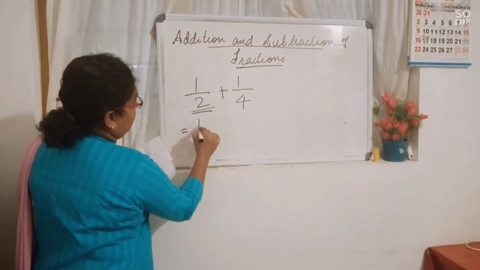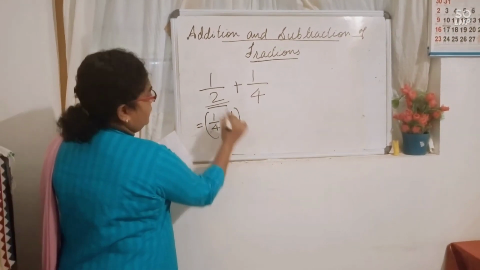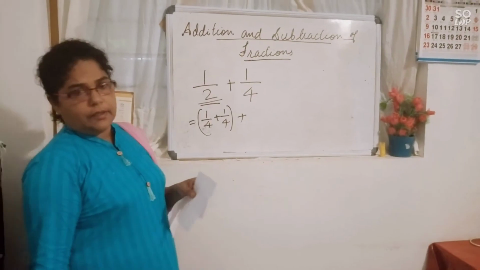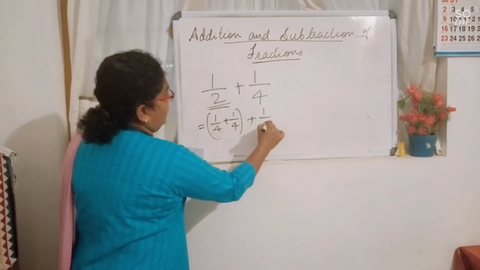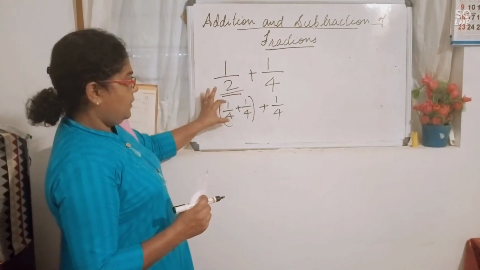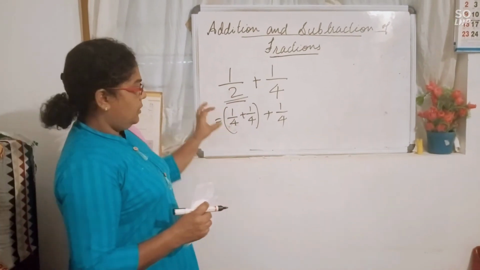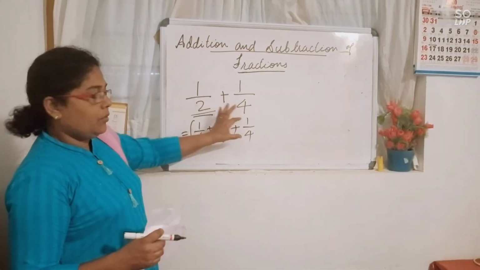So this is 1 by 4 plus 1 by 4, this half portion, plus again 1 by 4, the second portion. Now what happened? This is one boy called Salim, this is Ramu, and Rahul.